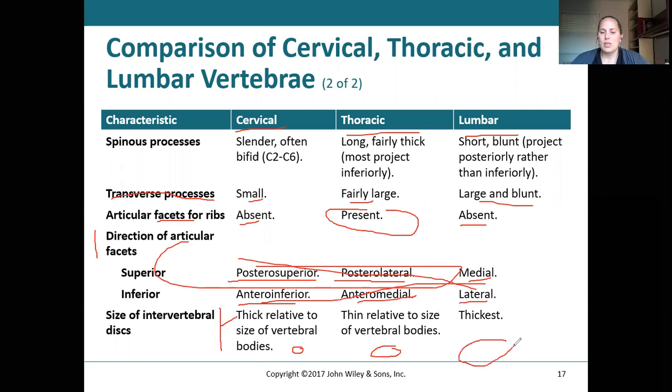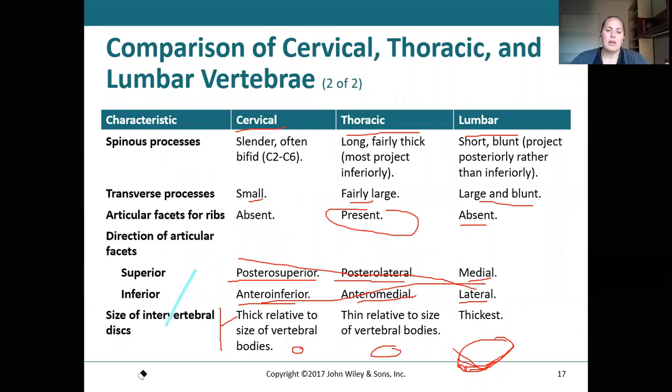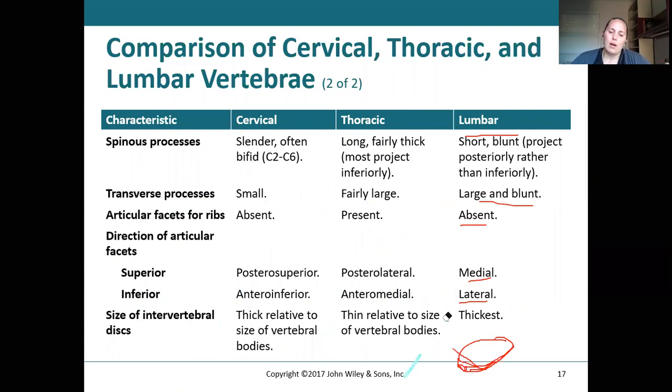And then here is where you're going to have your thickest and probably largest, because the body of your vertebra is going to be much larger. So again, this is a nice compare and contrast of each of these different regions. So probably a good thing to study. Hopefully you got a sense of what you can ignore, aka the directions of the articular facets.